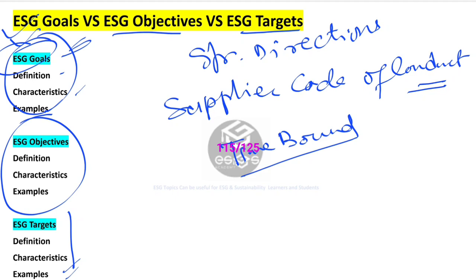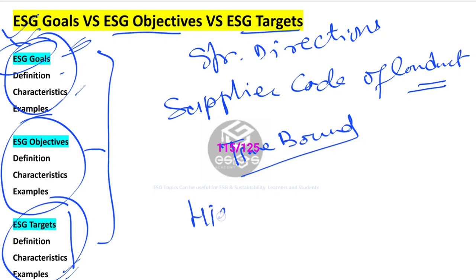So what is the relationship between all these three parameters: goals, objectives and targets? First of all, we talk about hierarchy. Goals provide the overarching vision and direction, setting the stage for objectives, which outline specific actions and milestones to achieve those goals.